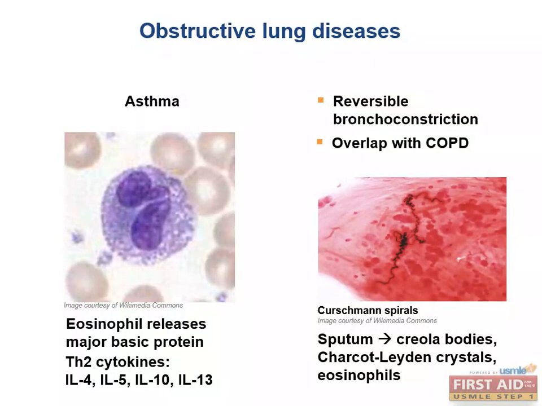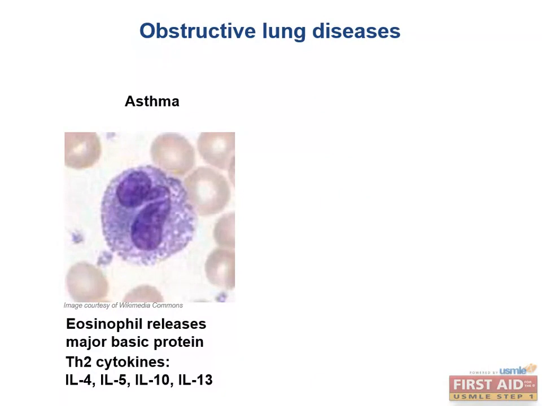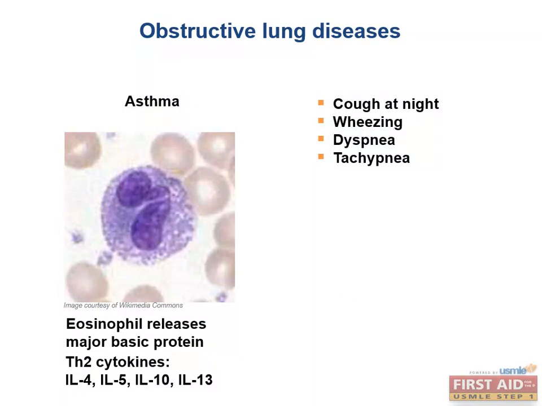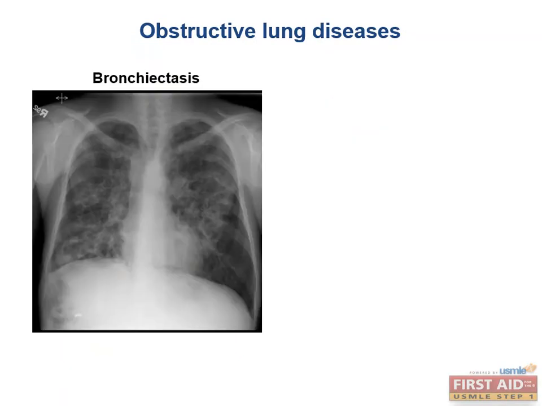If you don't know which cytokines drive allergic inflammation, go back to the immunology section for a quick review. The findings of an asthma exacerbation are cough, especially at night, wheezing, dyspnea, and tachypnea. How would you diagnose asthma? With a methacholine challenge, which is addressed in the pharmacology section.